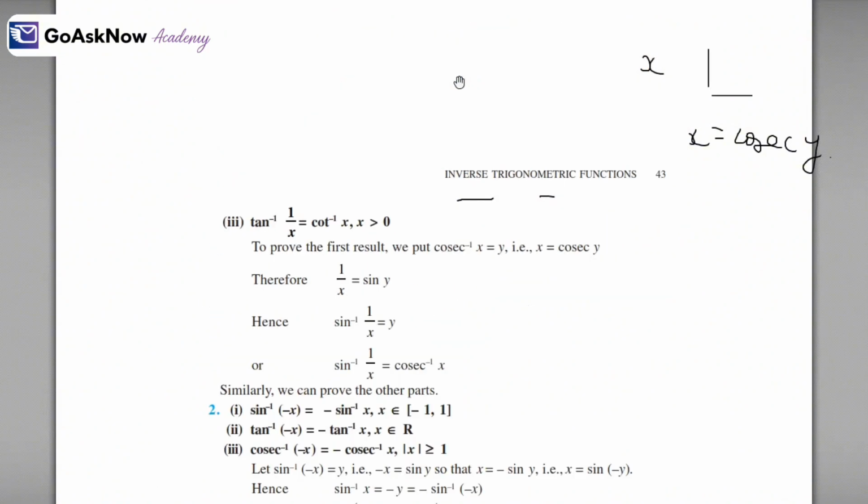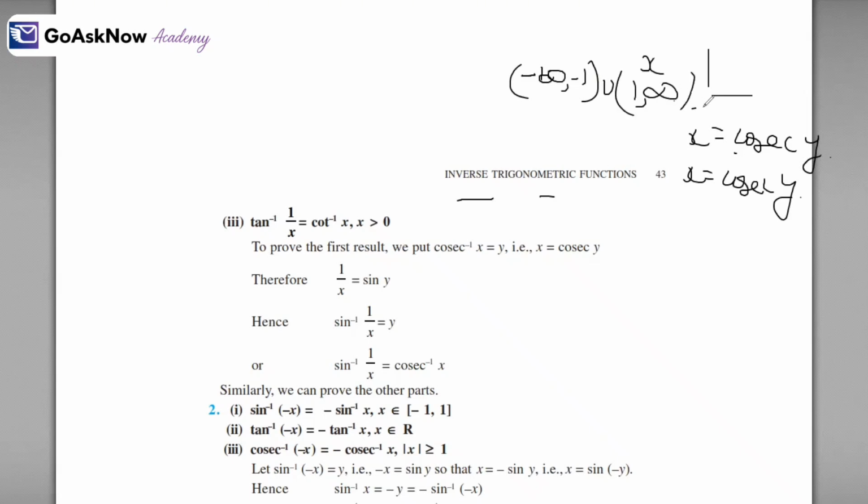Why is that so? Because x is cosec y, it means that x should be in the range of cosec y, and the range of cosec y is what? Minus infinity to -1 union 1 to infinity.